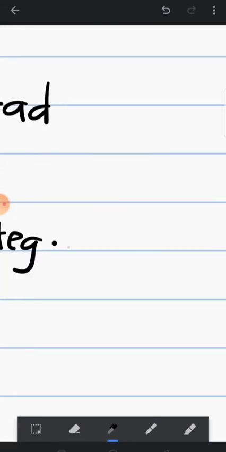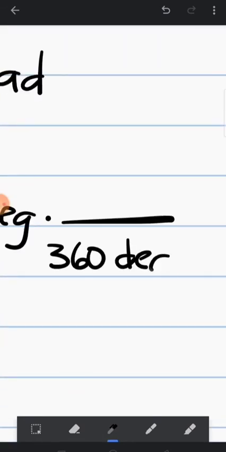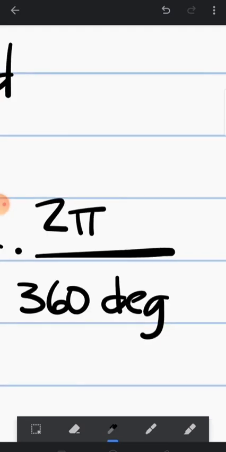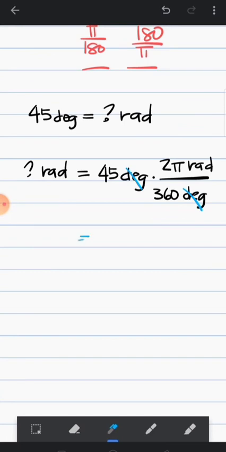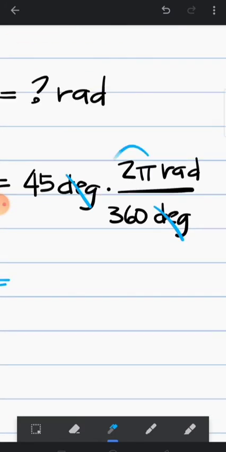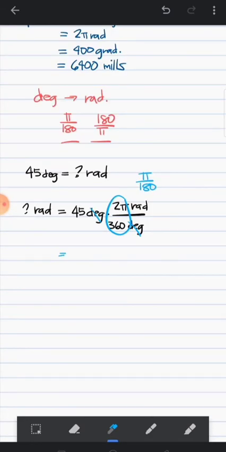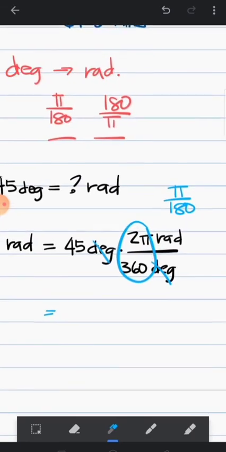And what you want to cancel here is the degrees. So 360 degrees is equal to 2 pi radians. With that, you can now cancel out the degrees and you will be left with radians. Therefore, 45 degrees is equal to 2 pi over 360 times 45, or if you simplify this term, it will become pi over 180. That is why if they want to convert degrees to radians, you just multiply the number by pi over 180.